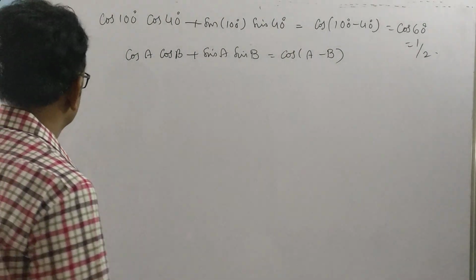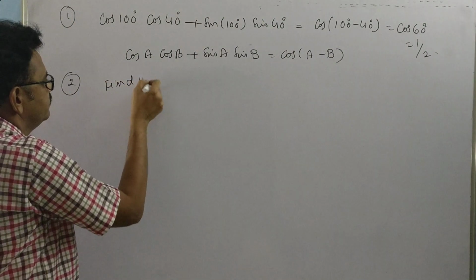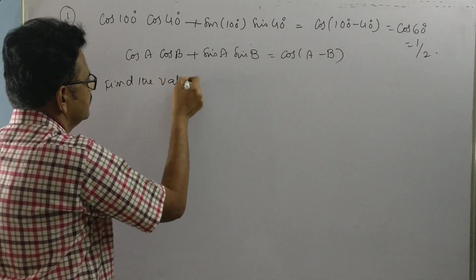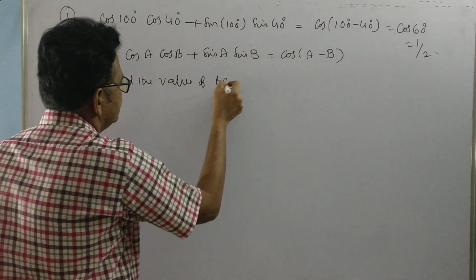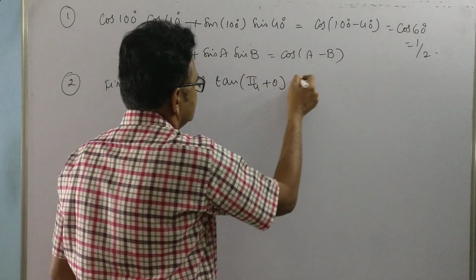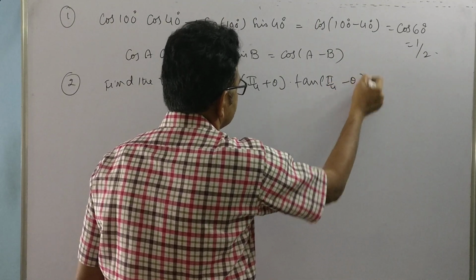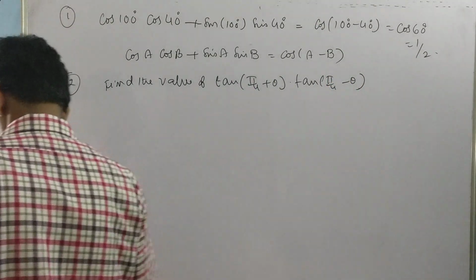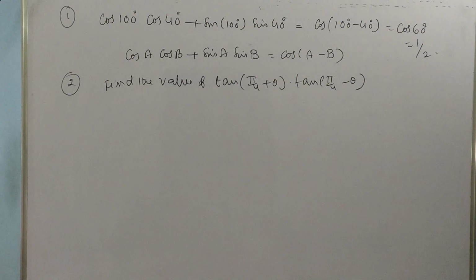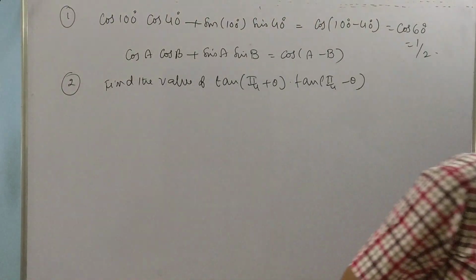Next one, find the value of tan of pi by 4 plus theta into tan of pi by 4 minus theta.